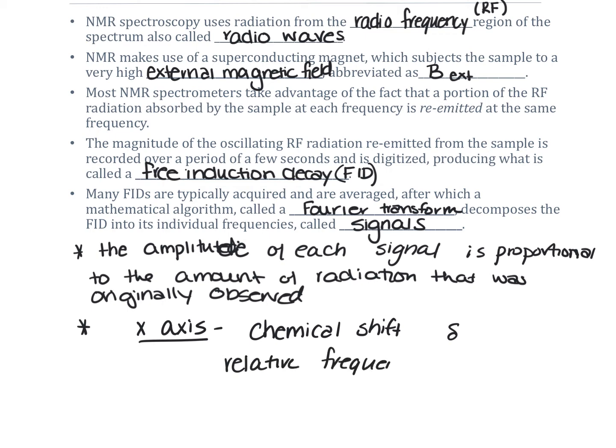That's relative to a known reference that we set. The reference we use is tetramethylsilane, which is TMS, and we'll talk more about that in some future sections. That chemical shift represents how much a particular signal frequency differs from the frequency of that reference compound, tetramethylsilane, which is TMS.